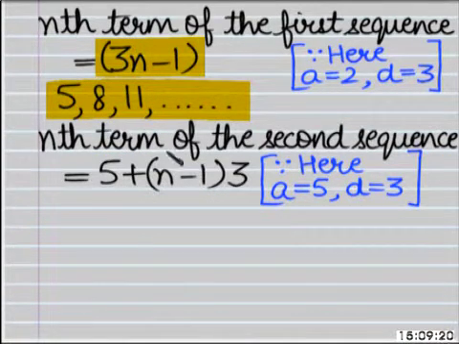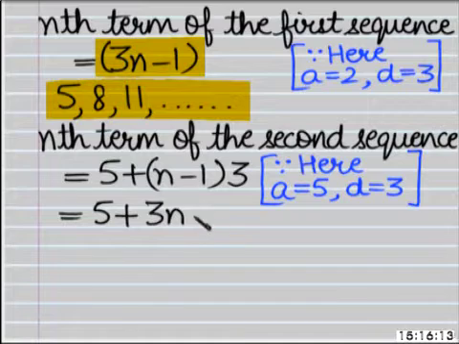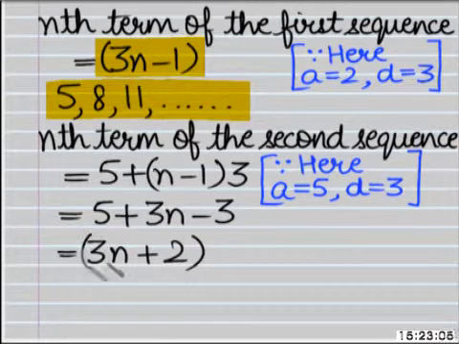So nth term of the second sequence is further equal to 5 plus 3 into n minus 3, which is equal to 3 into n plus 2.